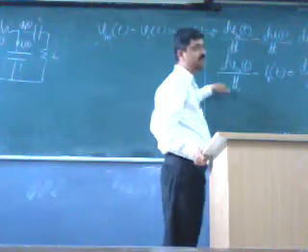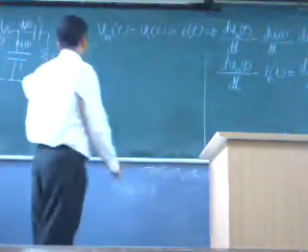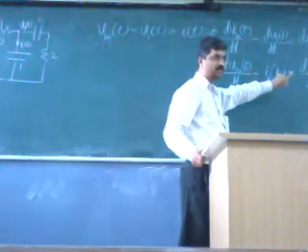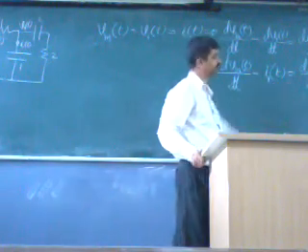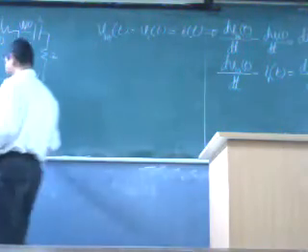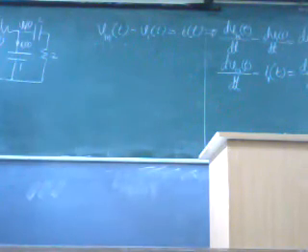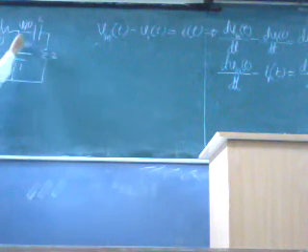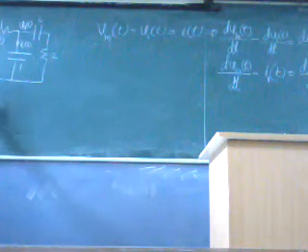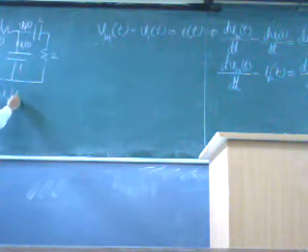Quite obvious. Now we want to get some relationship to get rid of I1(t). To get rid of I1(t), we need some relationship. For that, obviously, one relationship we have is I(t) minus I1(t).